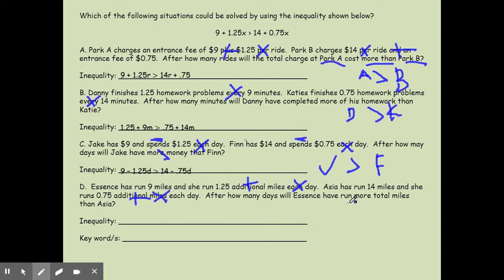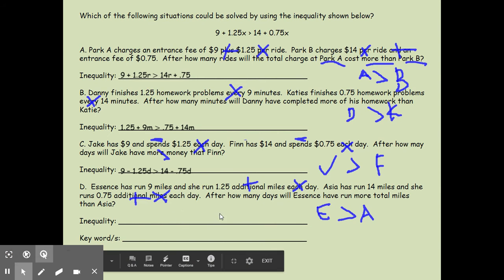So after how many days will Essence have run more miles than Asia? Okay, so she wants to win. And now let's write our equation. So we have 9 plus 1.25x is greater than, right? We want it to be more than 14 plus 75 cents each day.